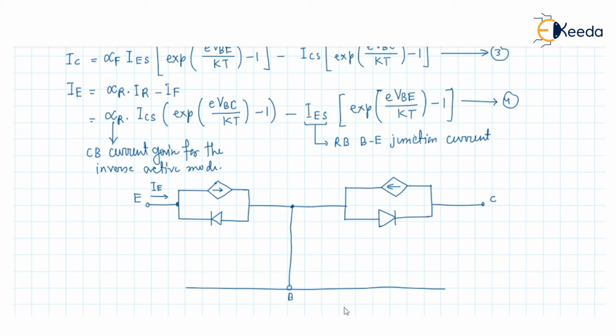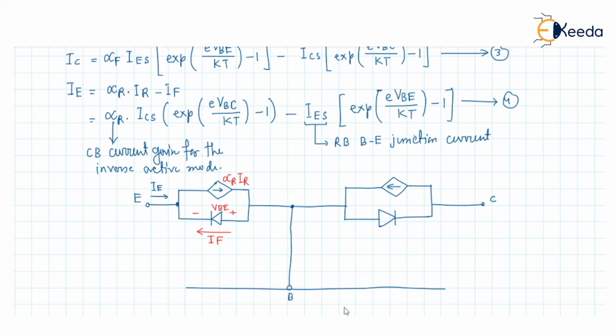The dependent current source at the JE junction has the value alpha R into IR, and the forward current IF is there, with the voltage here being VBE.